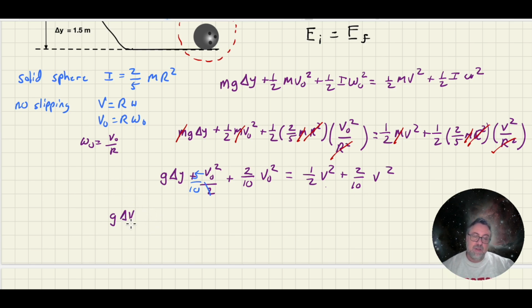So I have g delta y plus 7/10 v naught squared equals, again, same thing. I can replace this 1/2 with a 5 over 10, and then 5 and 2 make 7. So over here I also have 7/10 v squared. Now we're looking for this final velocity squared, so I can now just finish solving the math.